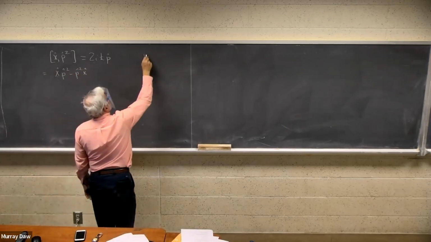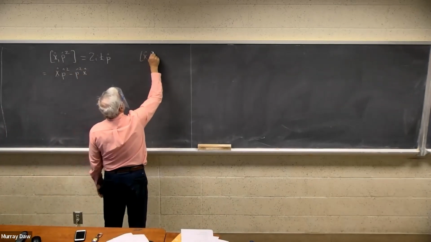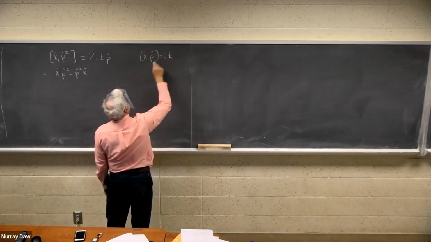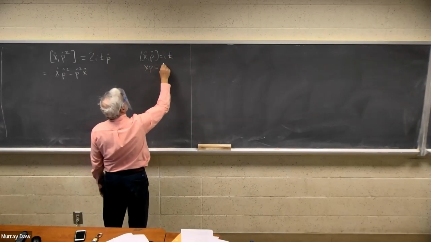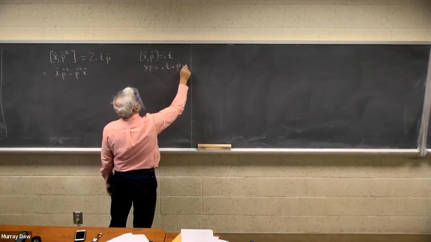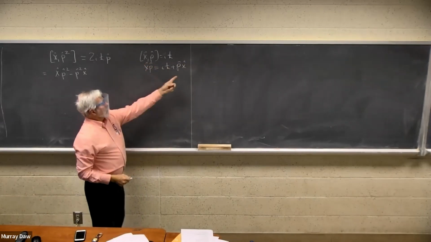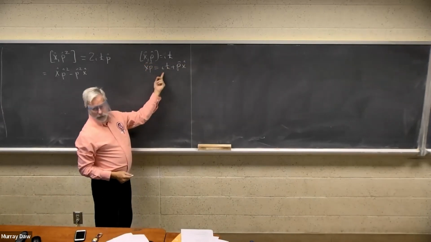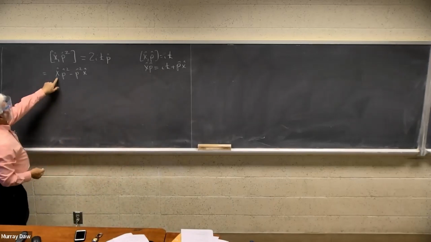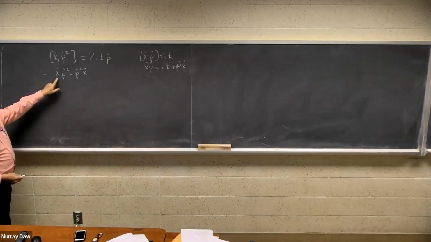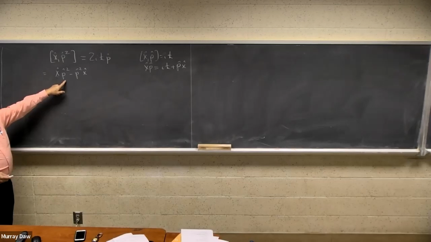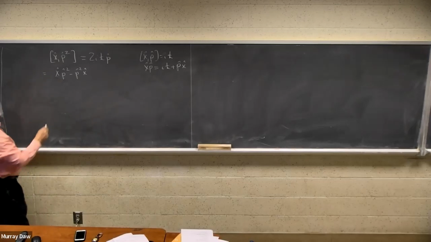Well, I'm using the commutator relation that [x, p] is i h bar. Write it down this way. So if I have an x to the left of the p, I can move it to the right, but then I gain this extra constant. So here x is to the left of p squared, so you have to push it through twice.